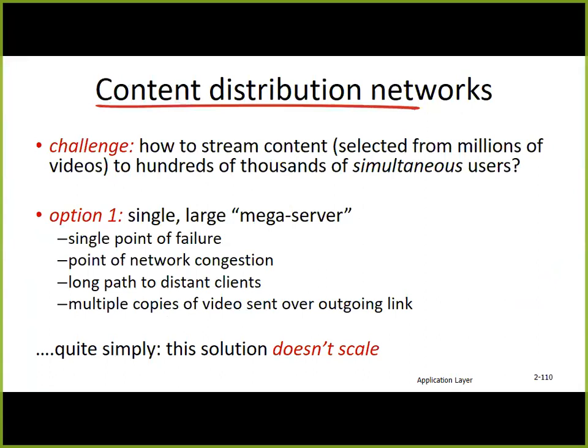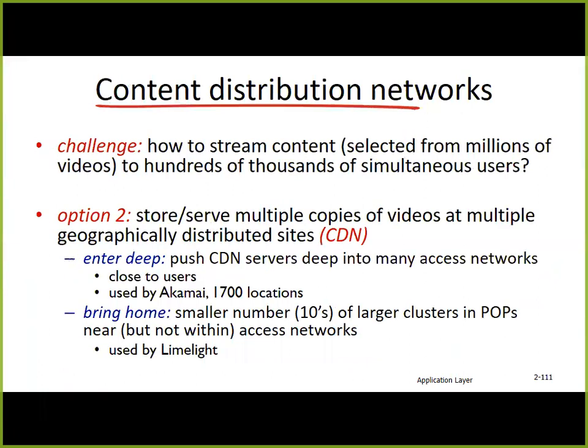One option is to build a single large mega server, and we all agreed that this is a bad idea because you now have a single point of failure. It's also a point where you can have network congestion. You can have a long path to distant clients, and you're going to be sending multiple copies of the video over an outgoing link. It just doesn't scale.